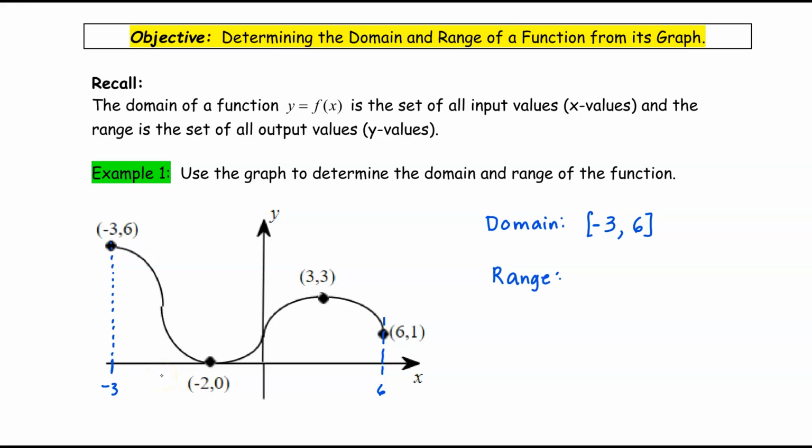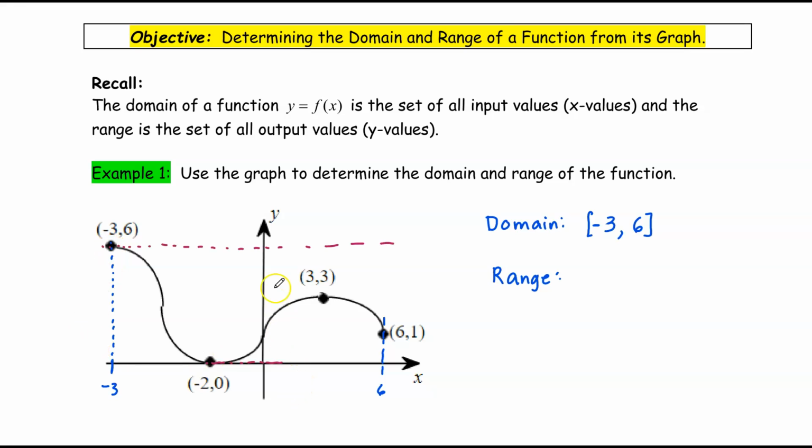Now the range is the set of all output values, the y values. So for the y values, you look at the projection onto your y-axis. In this case, it would be helpful to also draw a line that would intersect the y-axis. So the y starts at this point here, that is 0, and up to the highest point is this. Look at that.